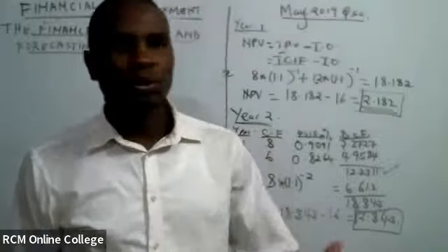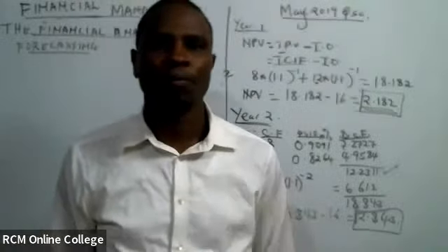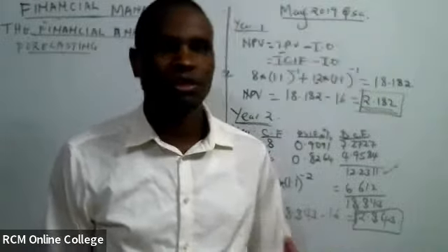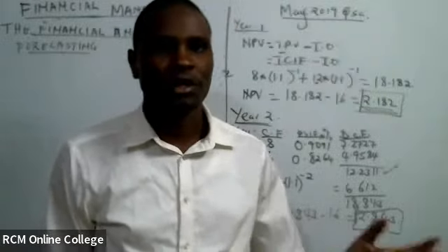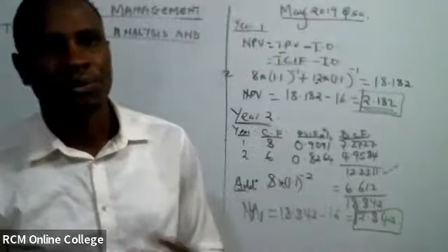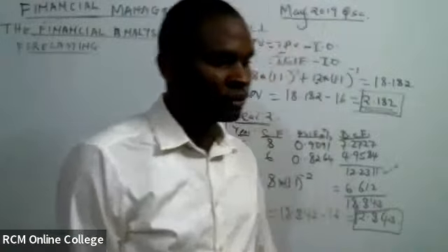As you know, we have several components of financial statement, namely the income statement, balance sheet, and statement of cash flow. We also have the statement of changes in equity, and the notes to financial statement.